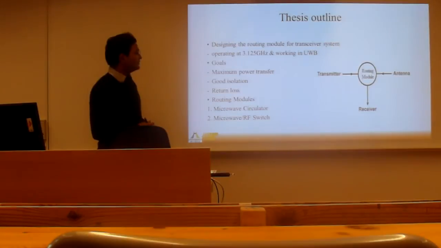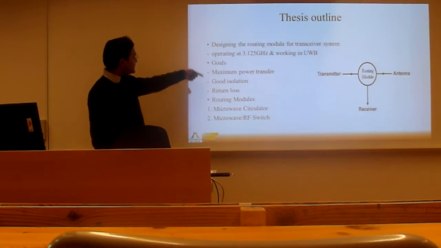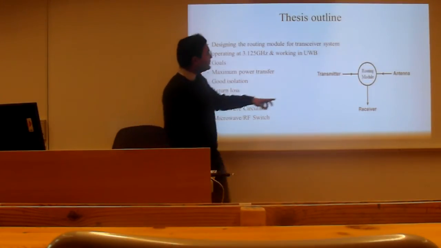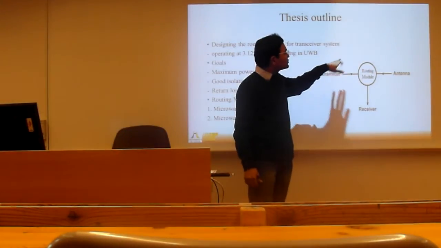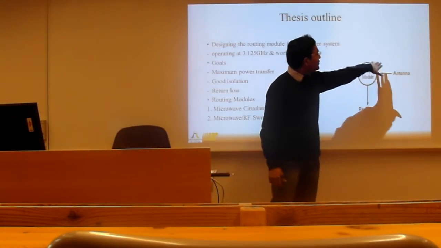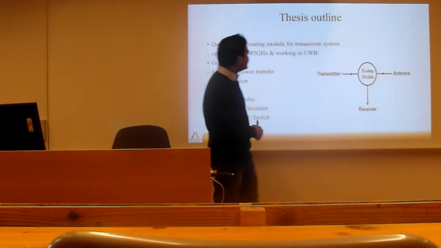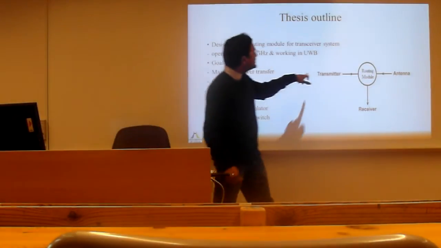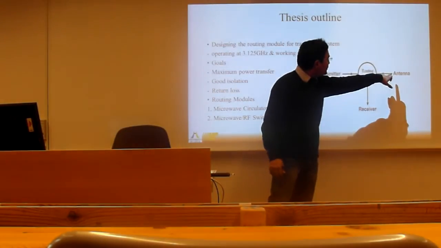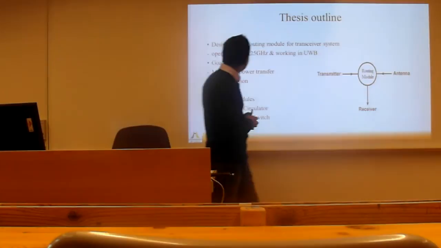The goals of this particular routing module are presented here. Every basic transceiver has two modes of operation, transmitting mode and receiving mode. Transmitting mode is from transmitter to the antenna and receiving mode from the antenna to the receiver.